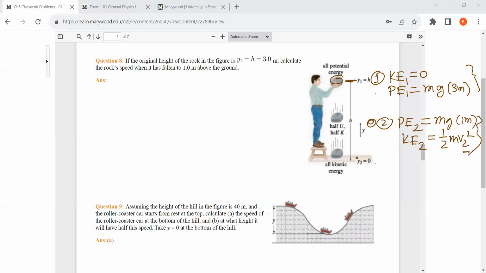The conservation of mechanical energy tells us that kinetic energy 2 plus potential energy 2 equals kinetic energy 1 plus potential energy 1. And we already know that this is 0, so it's very simple now.